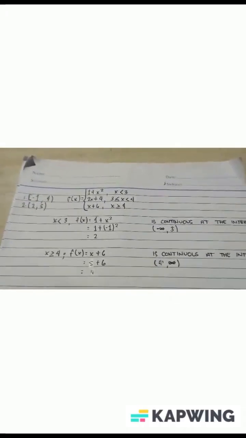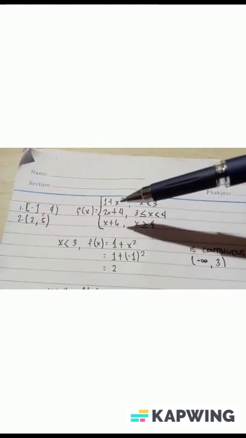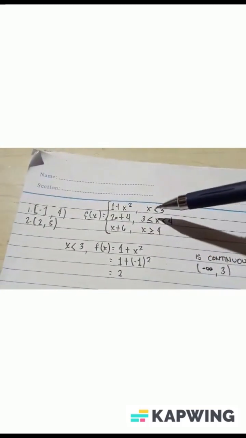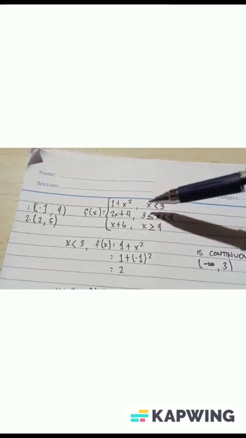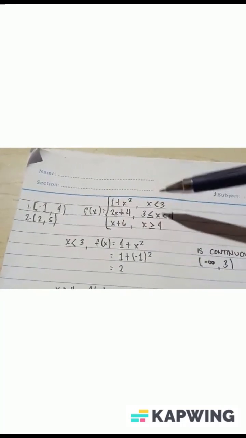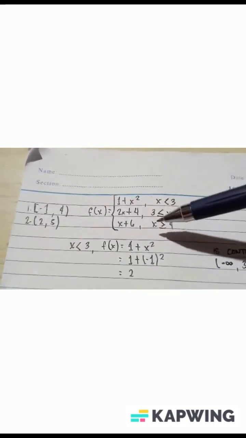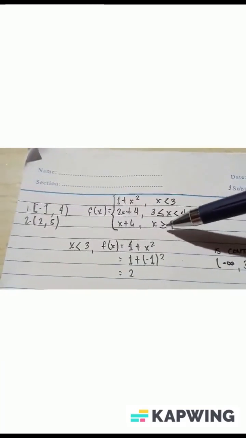Hi, I'm Leonard Emmanuel Ayakino. I'm from Grade 11 STEM Understanding. I'm assigned to determine the continuity of a function in an interval. Our function is f of x equals 1 plus x squared as x is less than 3, 2x plus 4 as 3 is less than or equal to x less than 4, and x plus 6 as x is greater than or equal to 4.